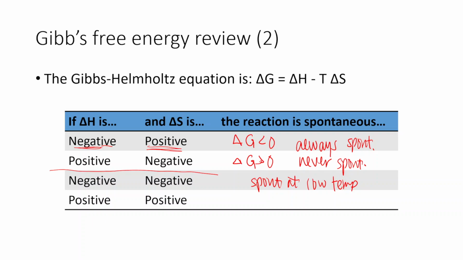Then what does that tell us when delta H and delta S are both positive? When T is low, delta G gets dragged to be positive, so I said that backwards. When T is large, delta G is negative.